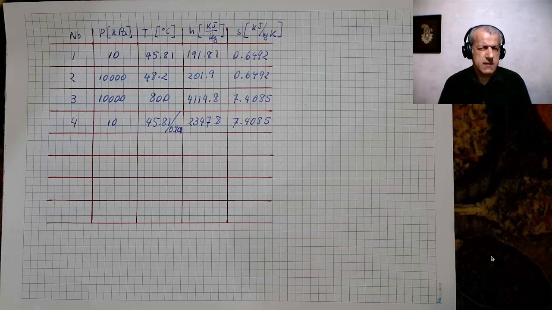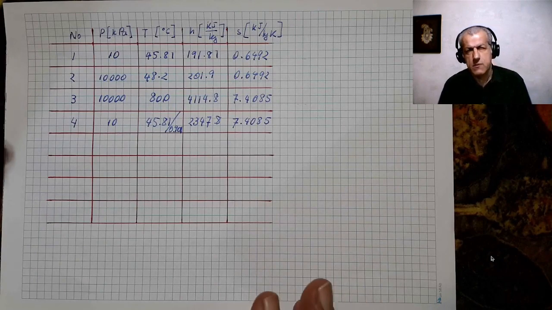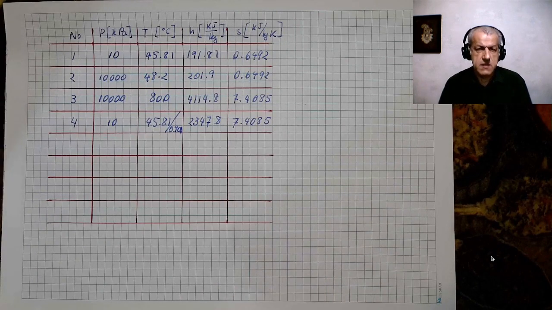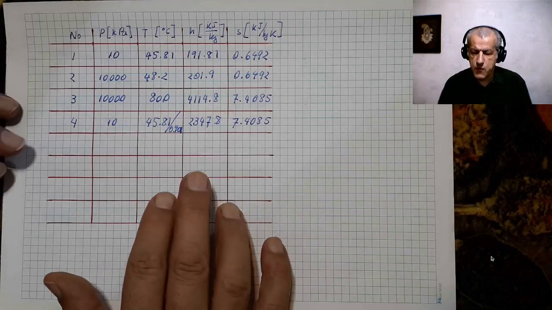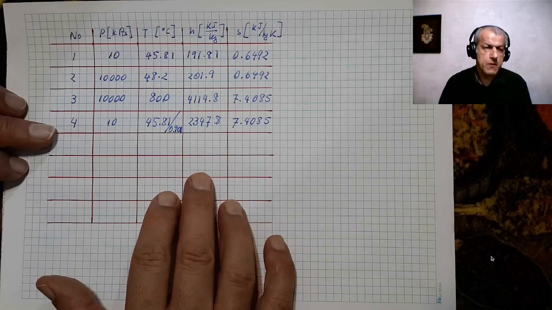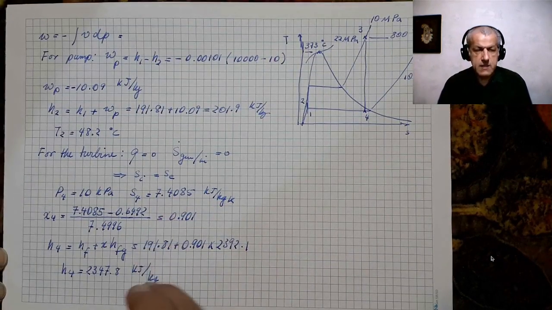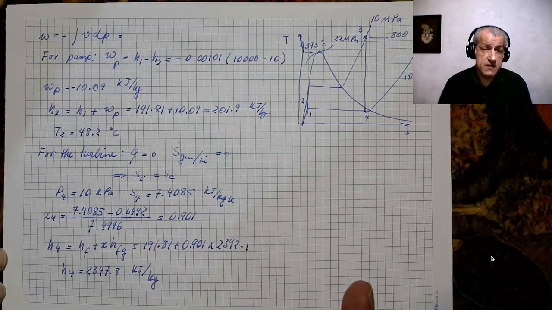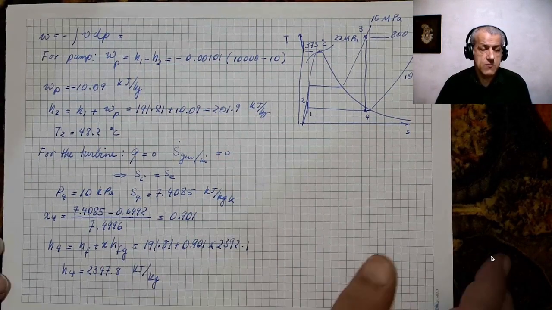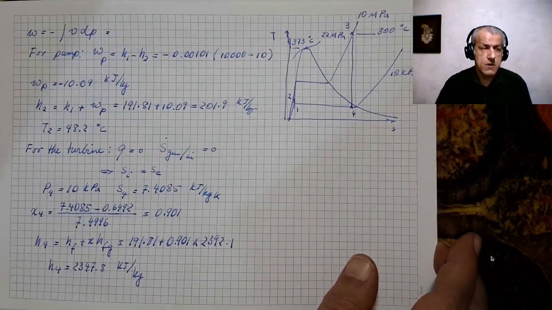You see, this is a fairly standard procedure, and of course, a real cycle would have efficiencies and would have more points, but it's fairly the same. For point 4, you have to be able to do a calculation similar to this. Of course, if there is efficiency, your calculation would be slightly different.